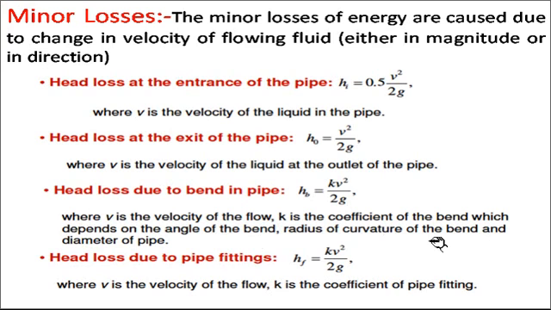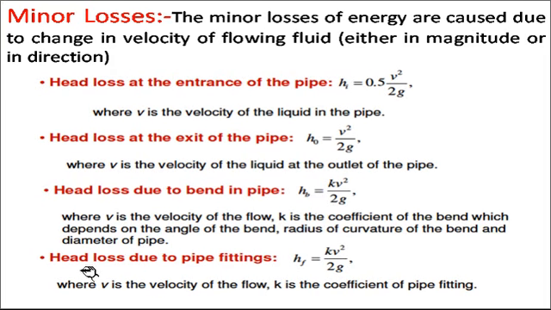Remember that the head loss due to the bend in the pipe is given by K V square upon 2g. This is very important.